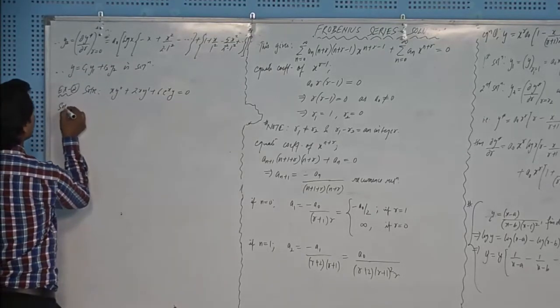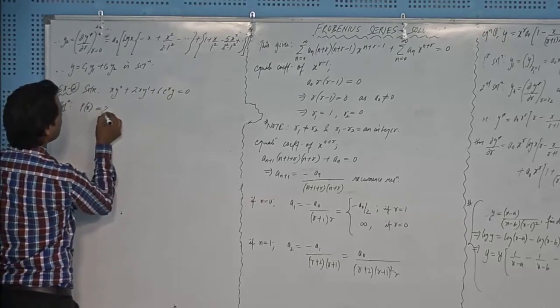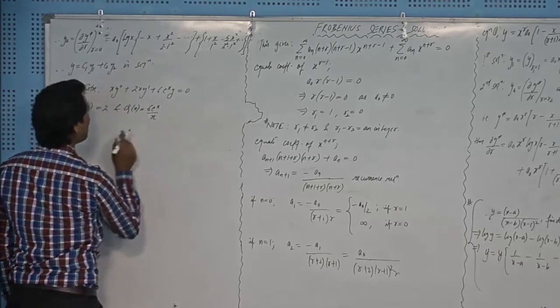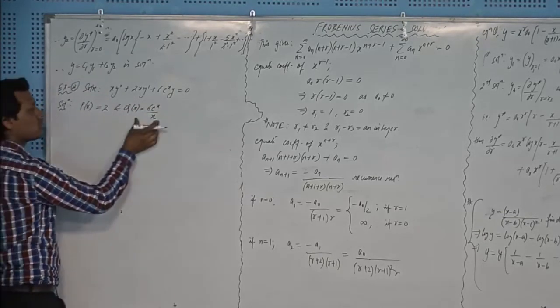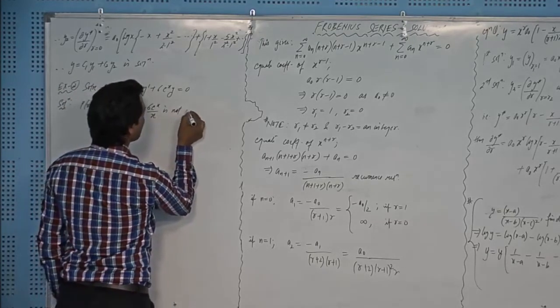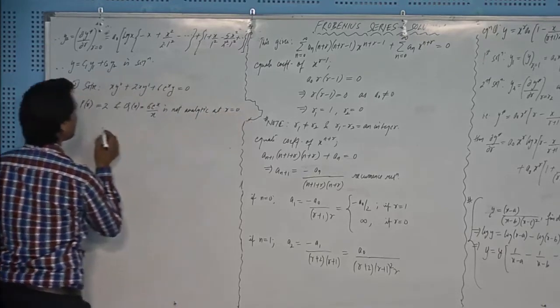Solution. You can see that your p(x) is actually 2 and your q(x) is actually 6 e to the power x upon x. You can see that this is analytic, but this is not analytic at x equal to 0. You are getting infinity, so it is not analytic at x equal to 0.